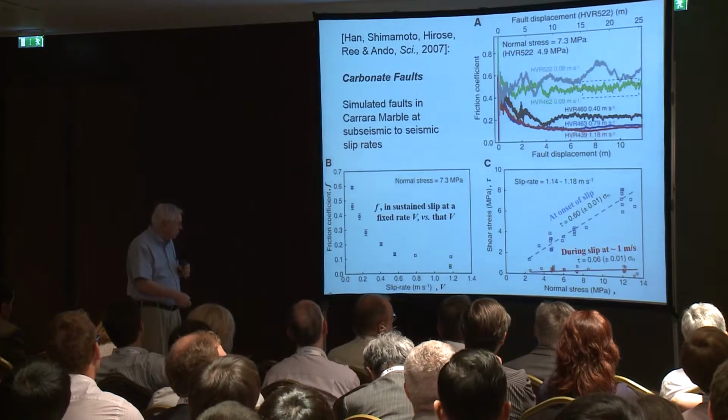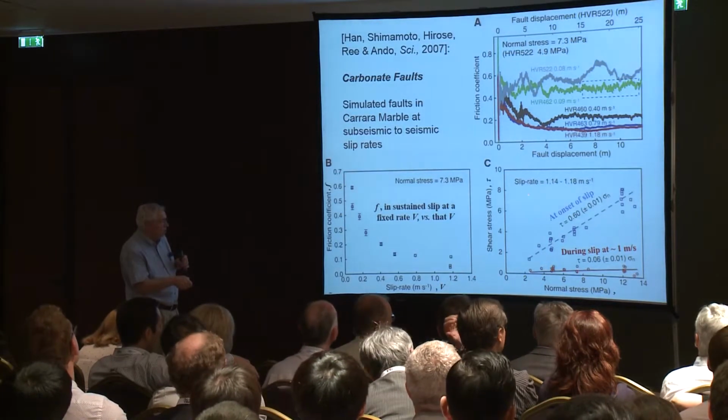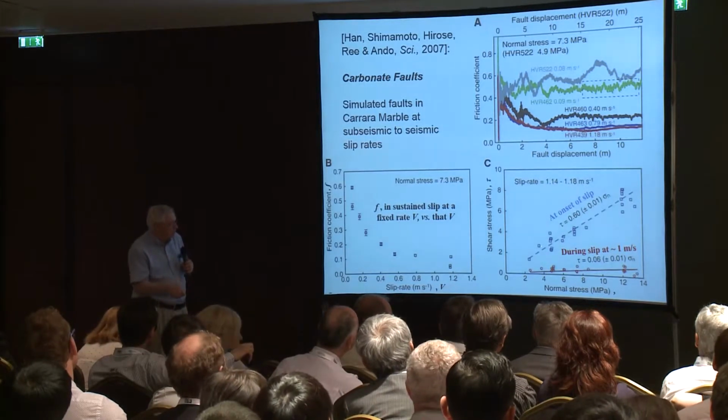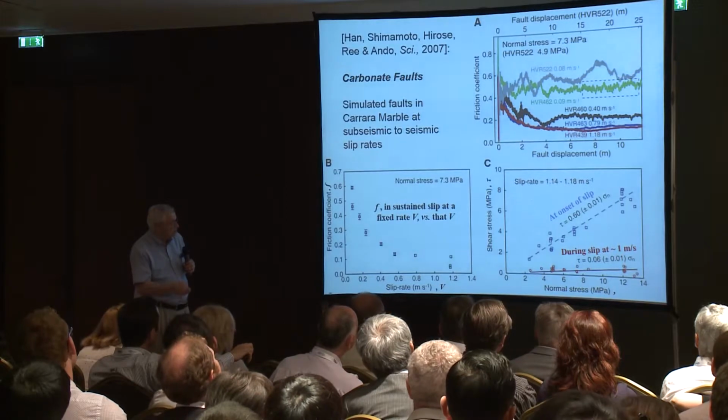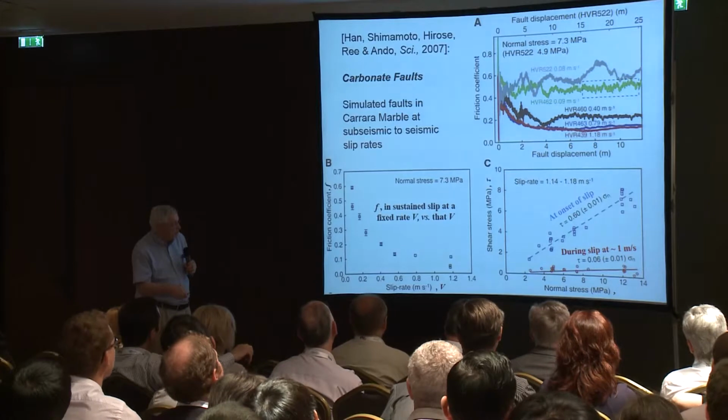And then we can also look at the shear strength as a function of normal stress, and this is in the range of slip rates of the order of a meter a second.